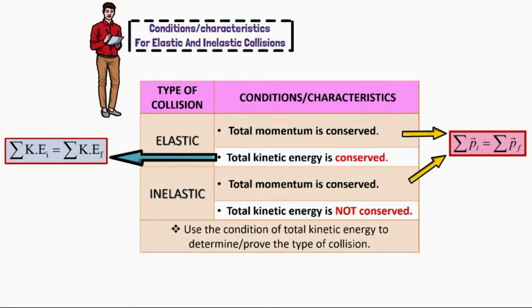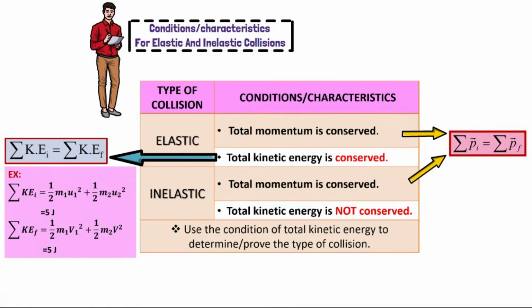So, bila kita kira, contohnya, when we try to calculate the total kinetic energy initial, iaitu before collision untuk kedua-dua objek, let's say kita dapat 5 joule, kemudian kita kira pula total kinetic energy final, iaitu after collision, dan kita dapat nilainya 5 joule juga.